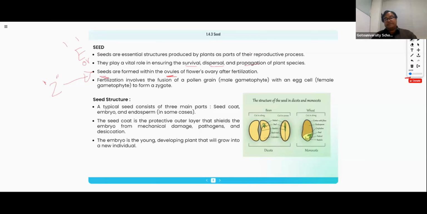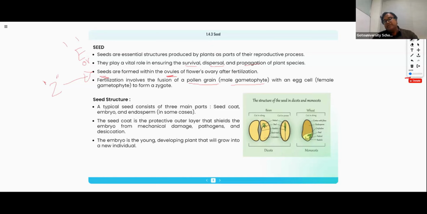The pollen grain is also called the male gametophyte, which is having the male gamete, right? So the pollen grain or male gametophyte is delivering the male gamete.